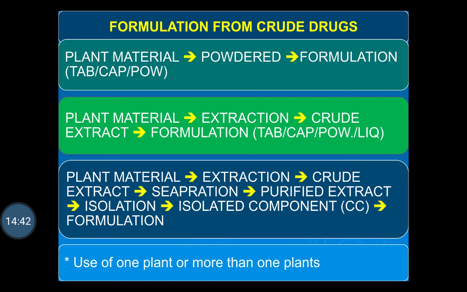So as the process increases, the cost of the formulation will increase. For the isolated component, the cost will get increased because it will consume time as well as energy. Use of one plant or more plants can be used for this purpose for the formulation of the dosage form.